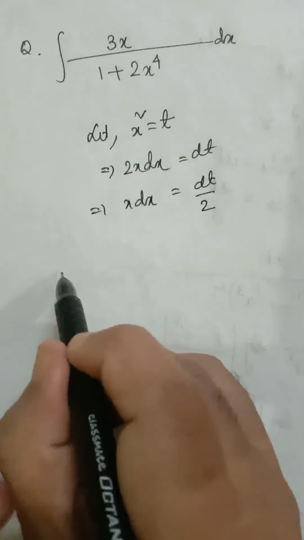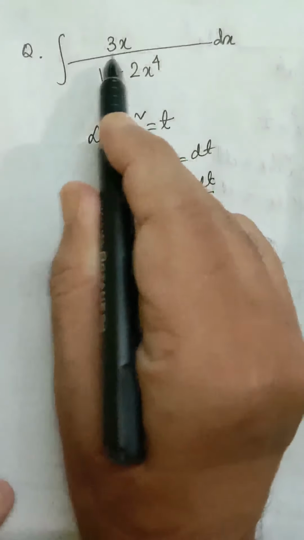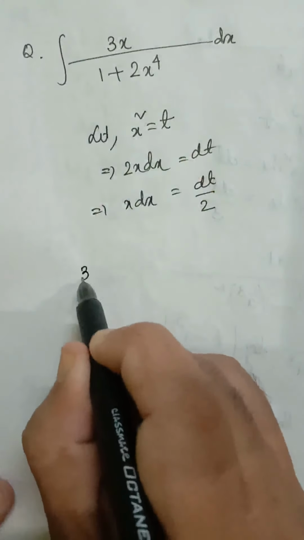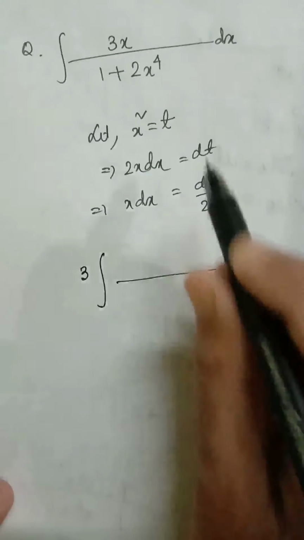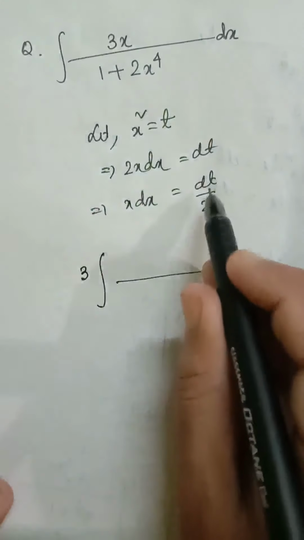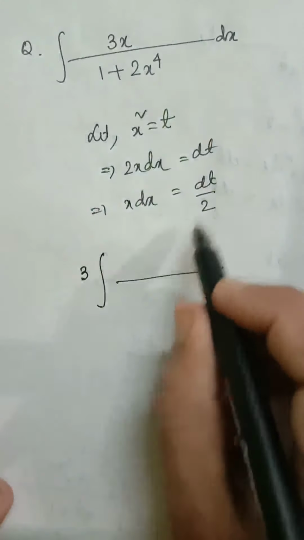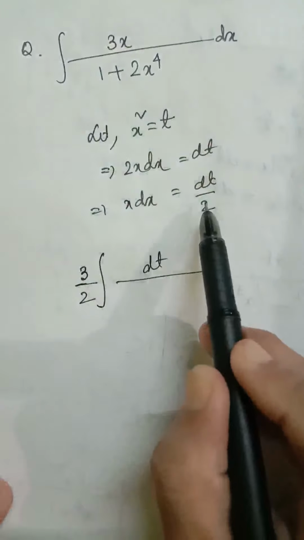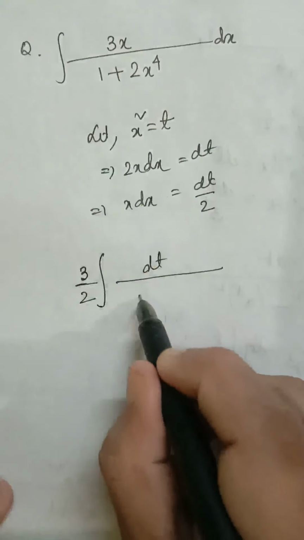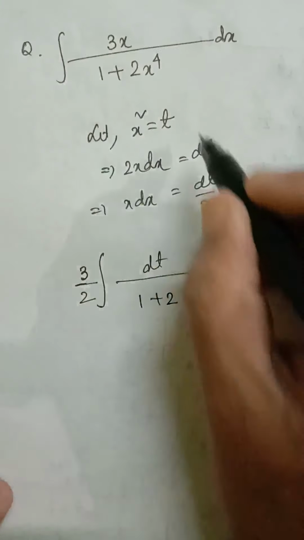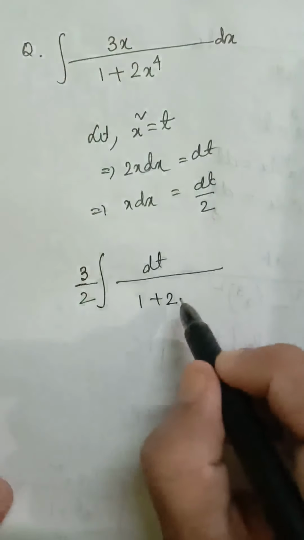Now for the given integral, 3 is a constant, you can take 3 outside the integration sign. Next, x dx is dt by 2. The denominator 1 plus 2x to the power 4 will be 1 plus 2t square.